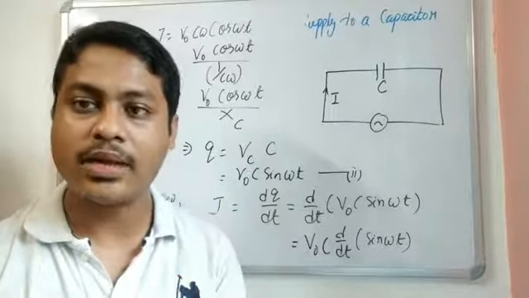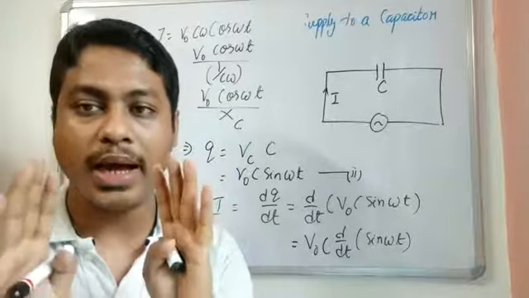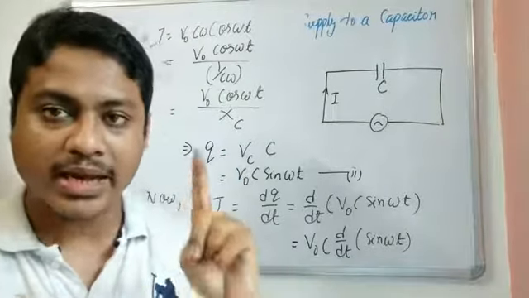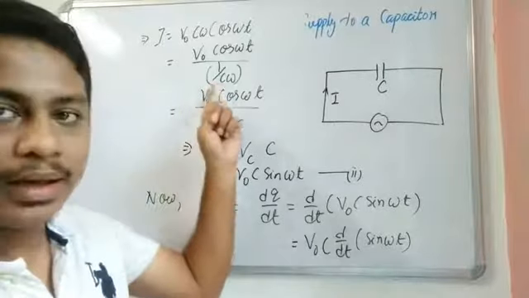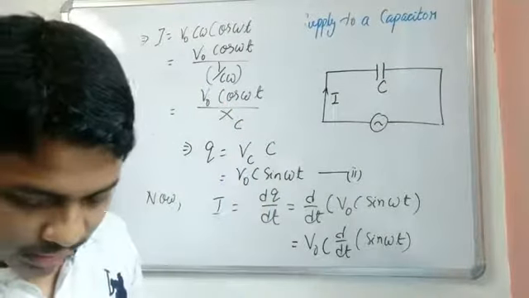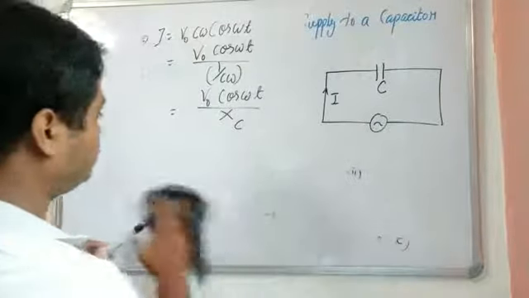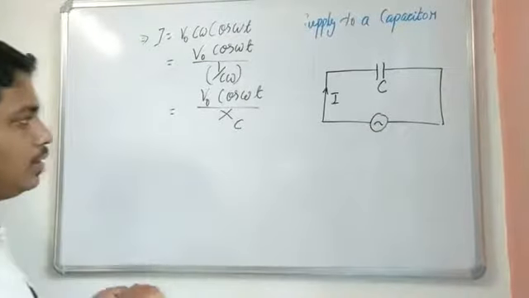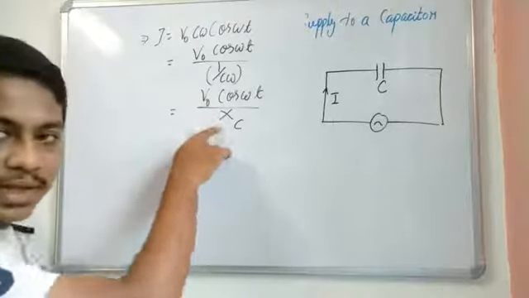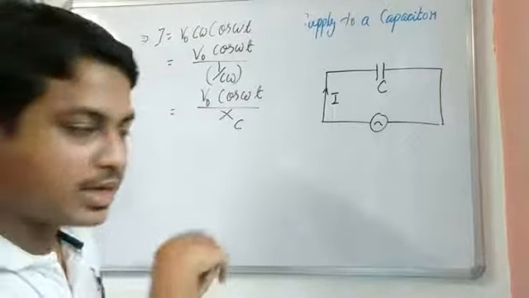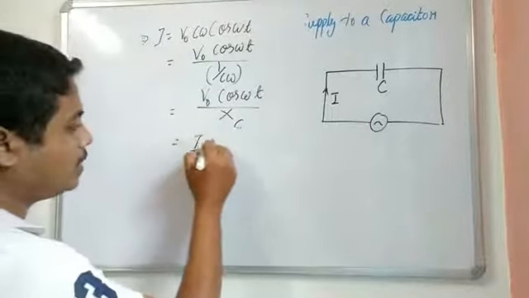Capacitive reactance means the resistance offered by a capacitor, and it has the formula XC equals 1 by C omega. Now if I calculate it, V naught by XC, that is maximum voltage by resistance, it will be your maximum current.